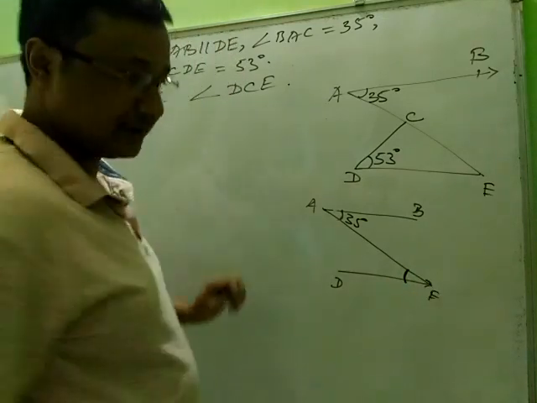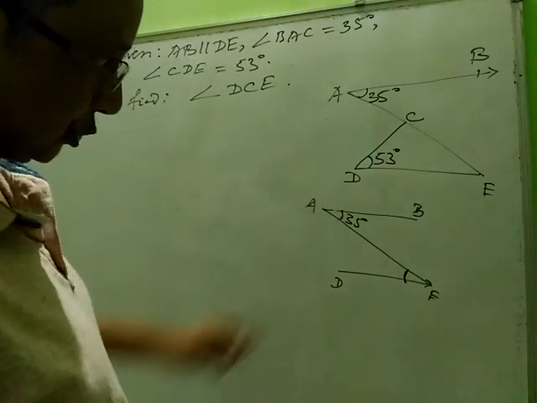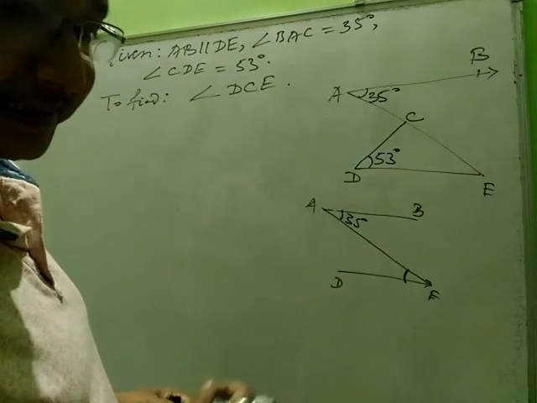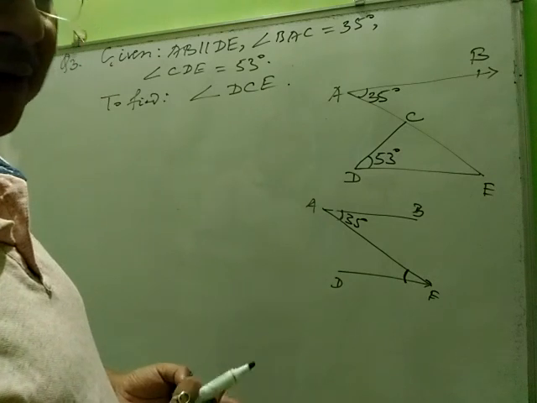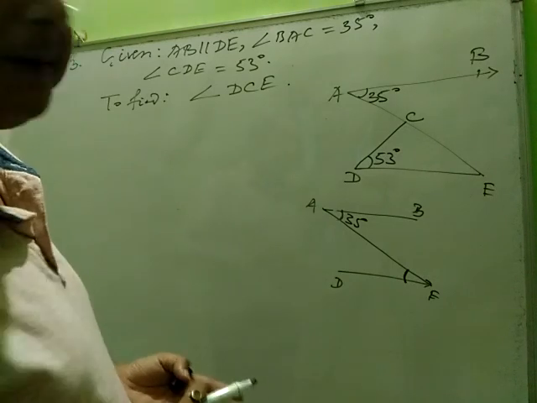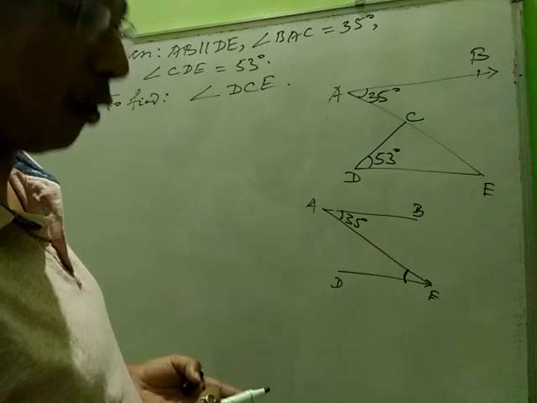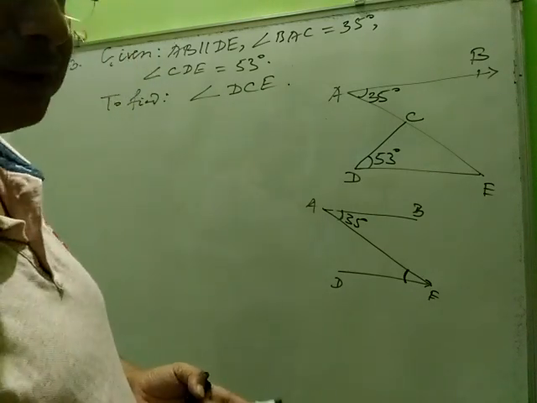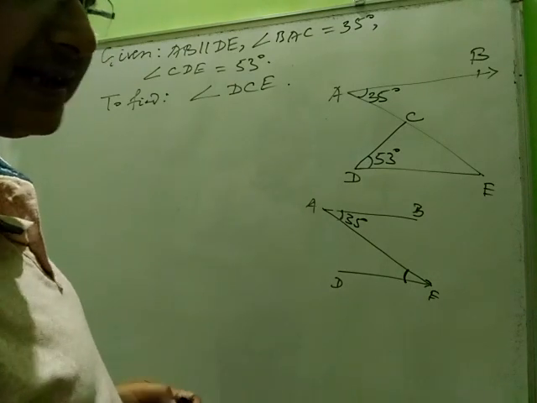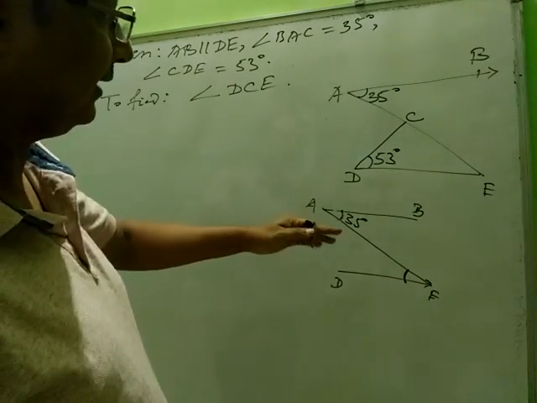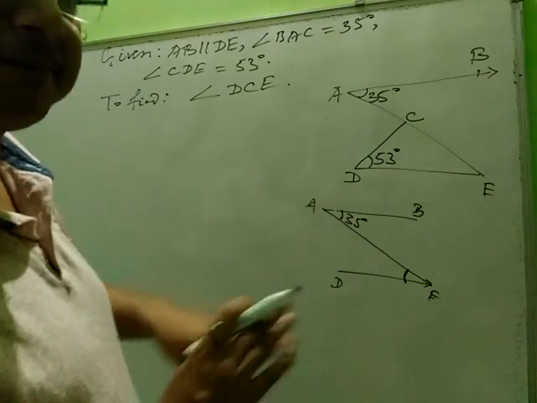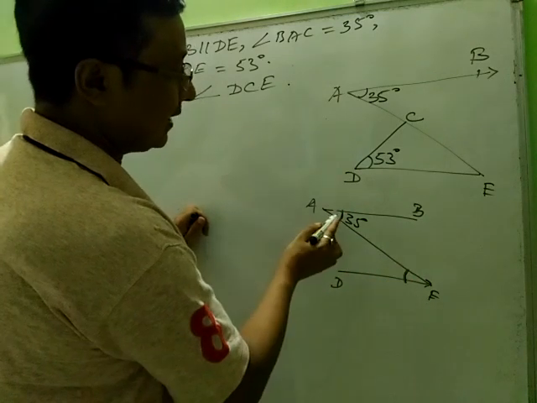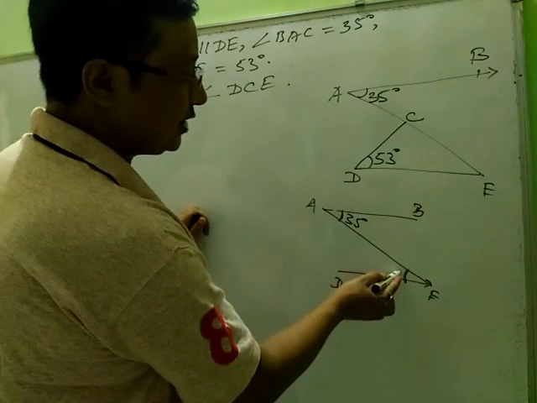By the concept of parallel lines, two lines are said to be parallel if either a pair of alternate angles are equal, or a pair of corresponding angles are equal, or the sum of the adjacent interior angles is supplementary. Here they have given that AB is parallel to DE. In that case, these two angles will be equal because they form a pair of alternate interior angles.